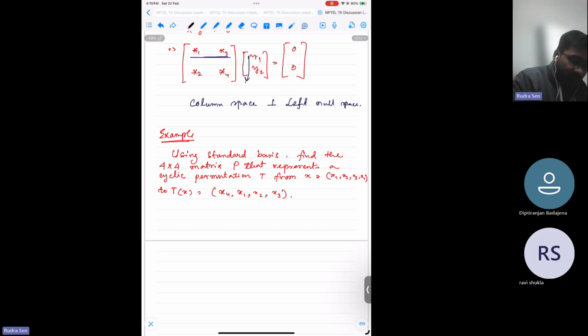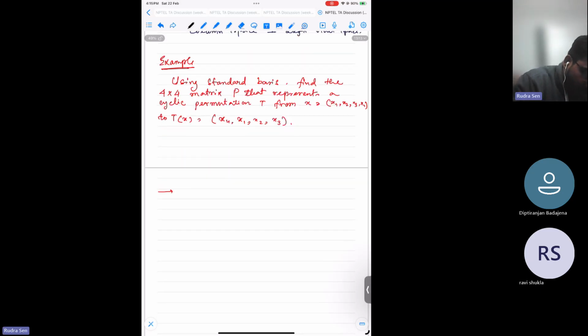So what does the question say? We have to find the matrix P which does this whole transformation. This is the vector that needs to be transformed, and it is transformed to this vector.